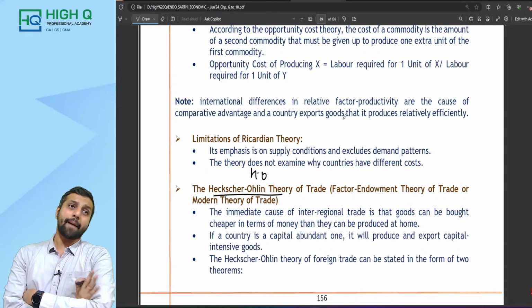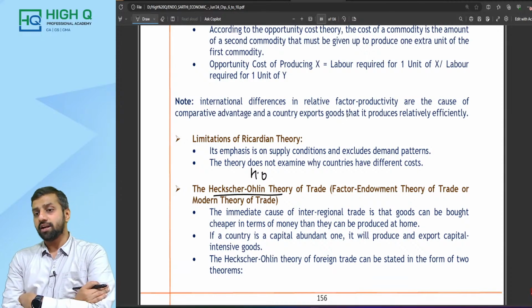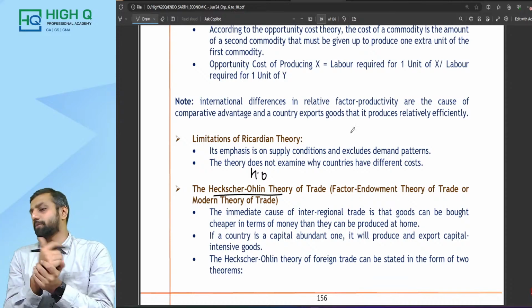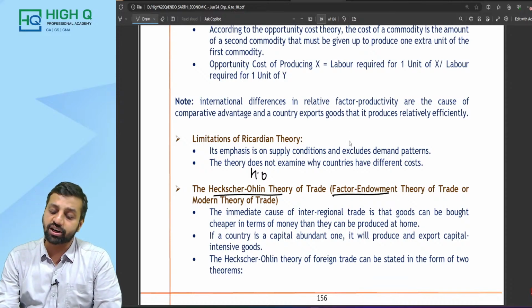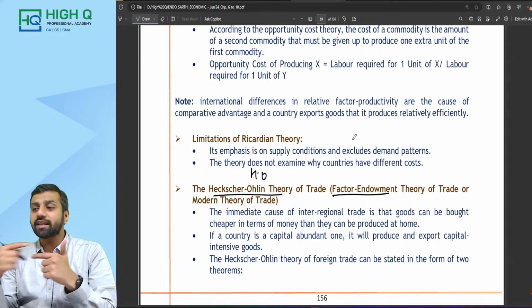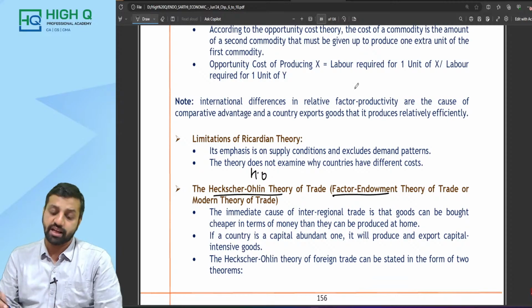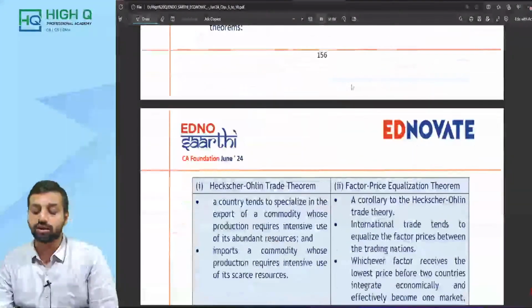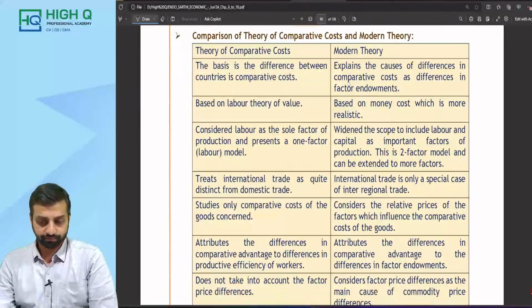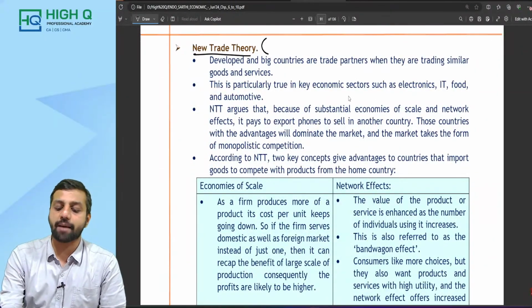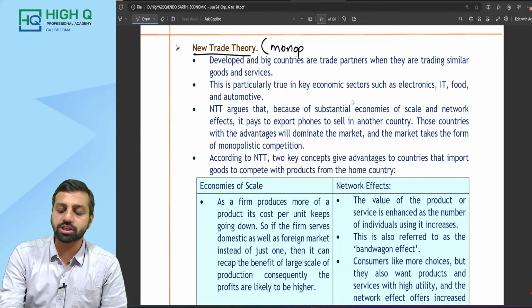In USA, capital is cheap, labor is expensive. So all countries of the world have different proportions of factors of production. That is called factor endowment. And with international trade, we can bring about factor price equalization, that is explained in Heckscher-Ohlin theory. And then there is new trade theory, which is applicable for monopolistic competition.